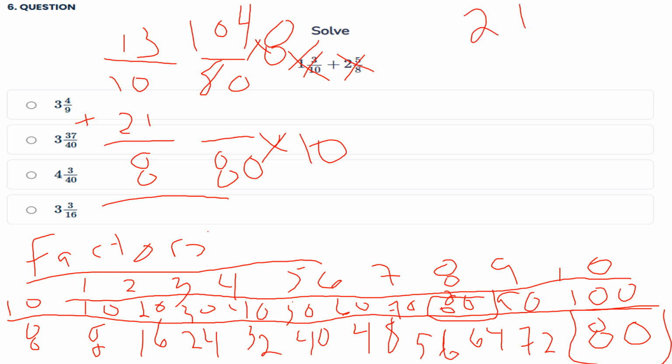21 times 10. 0 times 1 is 0. 0 times 2, and I need to just change that because that looks like a 2. Okay, that looks like a 0. So 0 times 0 is 0. 0 times 2 is 0.